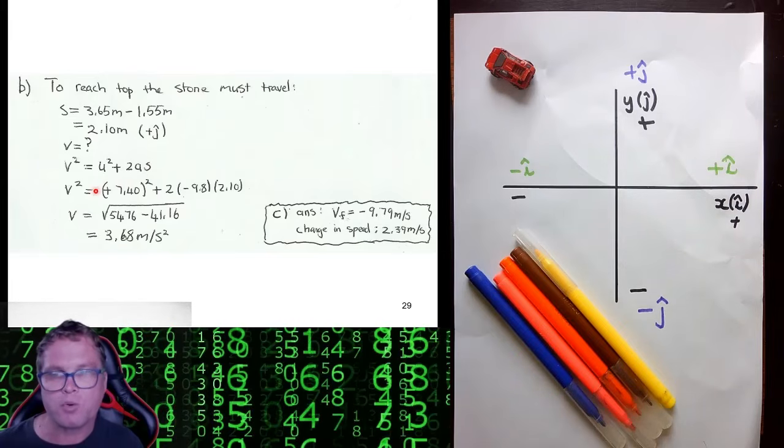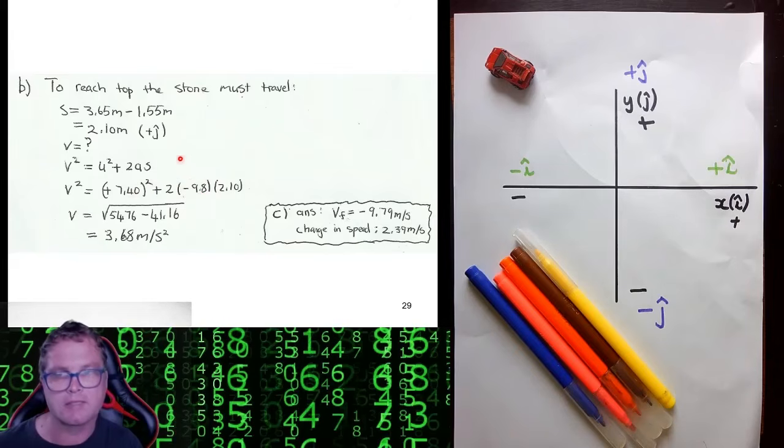The appropriate equation for us to use then is this equation shown here. The reason for that is we know the initial speed of the stone, this is the plus 7.4 meters per second upwards, and we know the acceleration downwards.